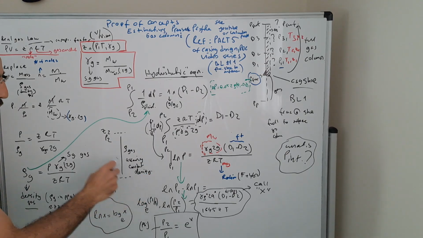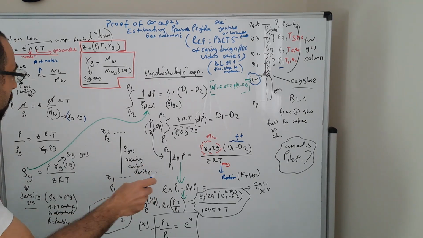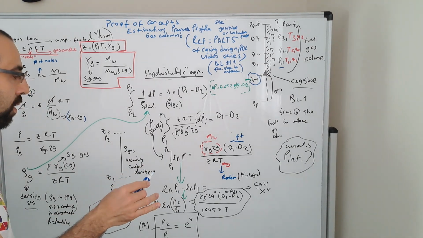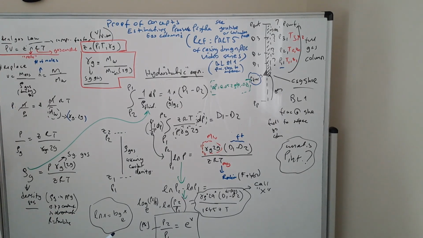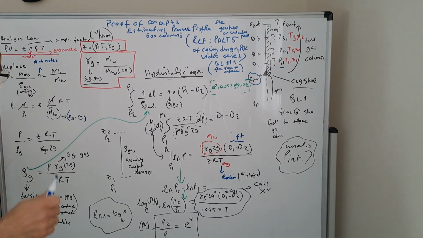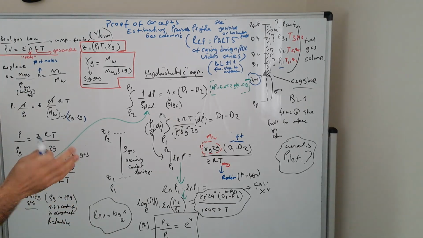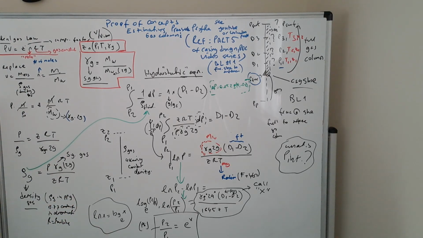I will carry it to the final formula just to make it easier for us. So if you have a molecular weight, or if you have a specific gravity, which is basically molecular weight divided by the molecular weight of air, it's interchangeable to use.